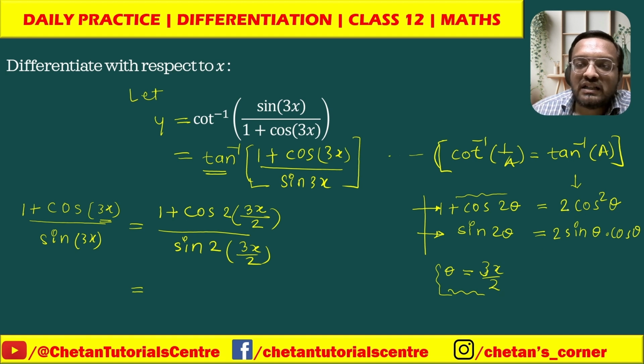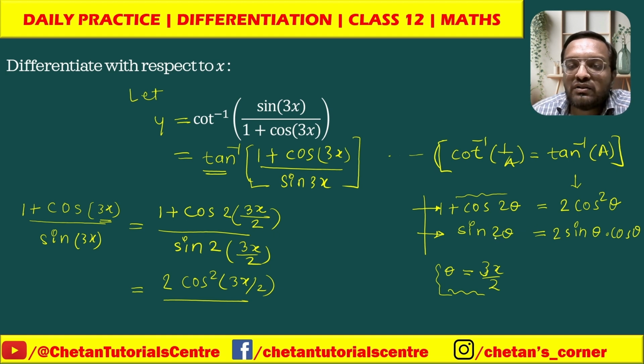So I will get 2 cos square 3x upon 2 divided by, now in the denominator I have sin 2 into 3x upon 2, which is similar to sin 2 theta. Therefore I got the value of theta as 3x upon 2. So I will put this value of theta, 3x upon 2, in this RHS of this formula.